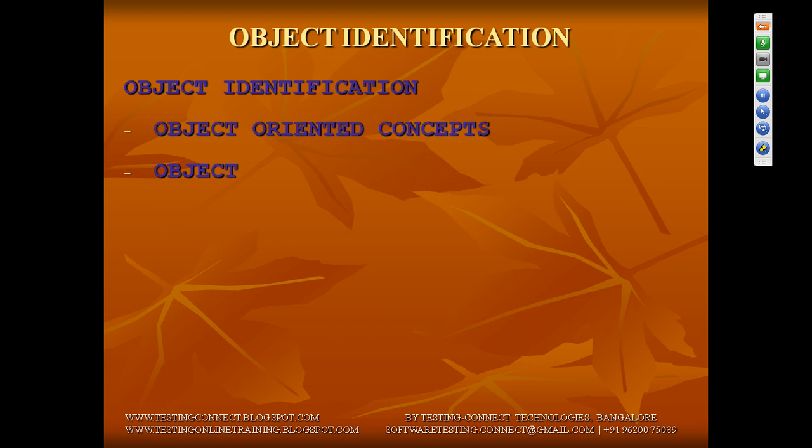Any object you take, like a tree, should have some properties. Like for a tree: name of the tree, color, height, how many leaves, how many branches, something like that. Exactly, an employee is also one object.